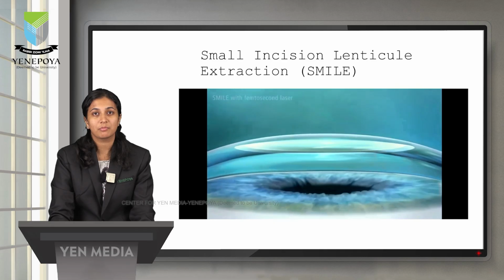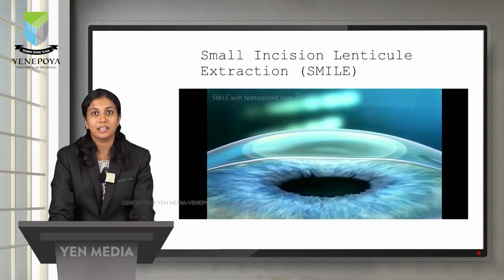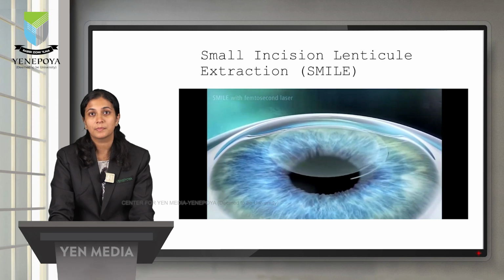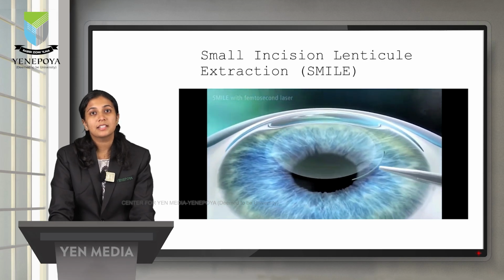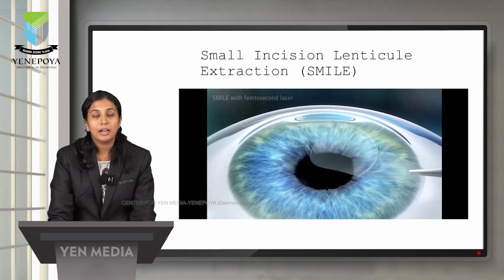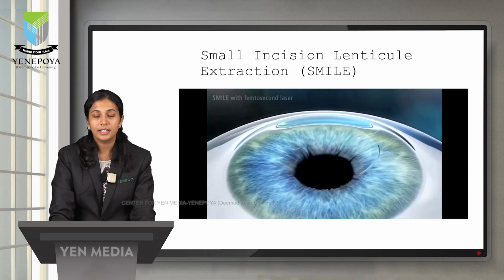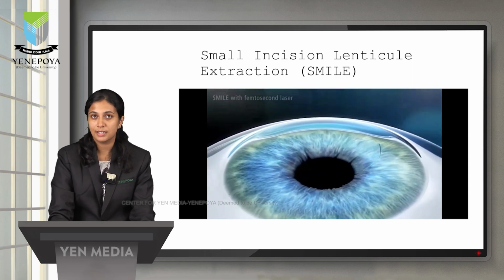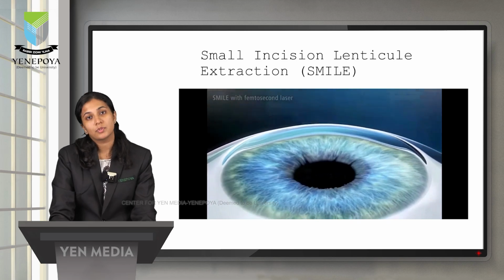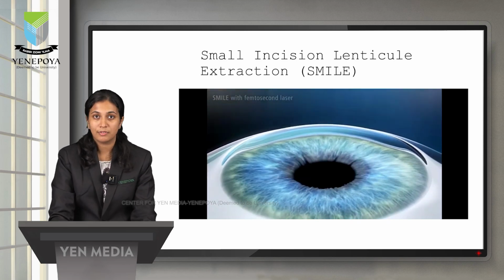Once a lenticule is made, the same femtosecond laser is used to create an incision at one part, and then this lenticule is removed and discarded. Now SMILE procedures are right now done for myopia and astigmatism. Since this procedure does not require creation of a flap, flap related complications are not present after this surgery.